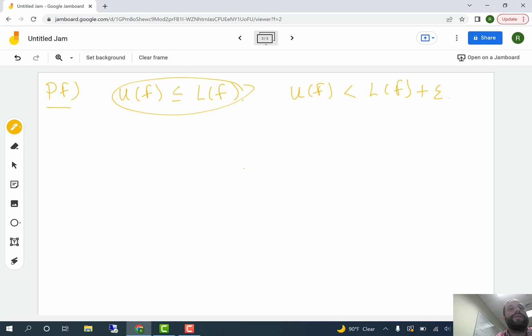Okay, so how are we going to do this? Well, let P be a partition. Let P be the partition with U of fP minus L of fp less than epsilon.